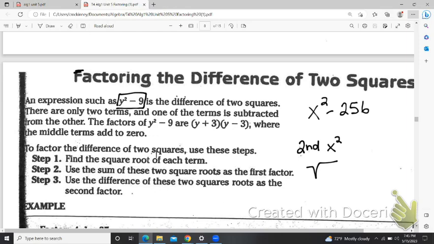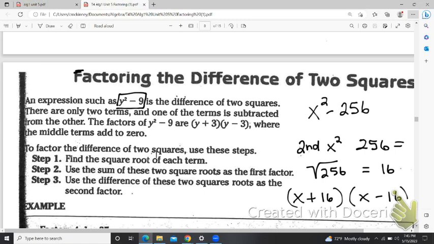When the square root pops up, then you would type in 256 and hit equal, and you'll find that the square root of 256 is 16. So we would have x plus 16 in one set of parentheses and x minus 16 in the other.